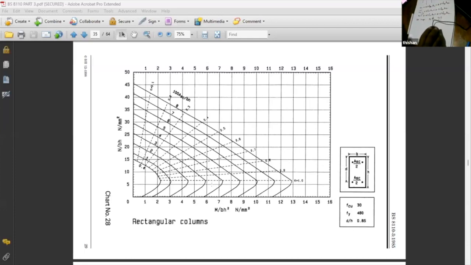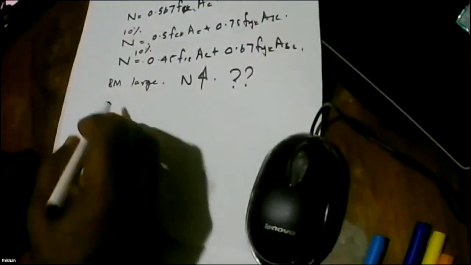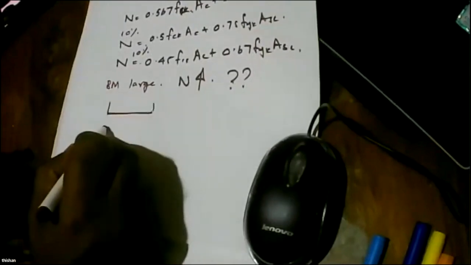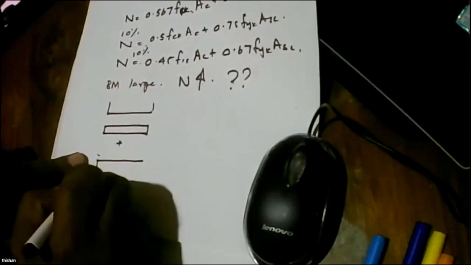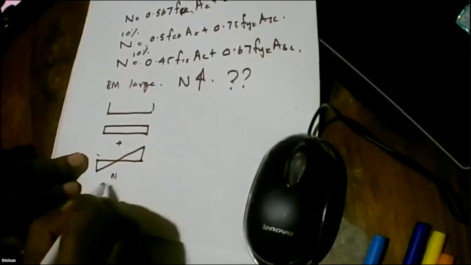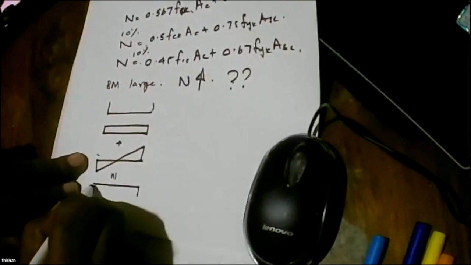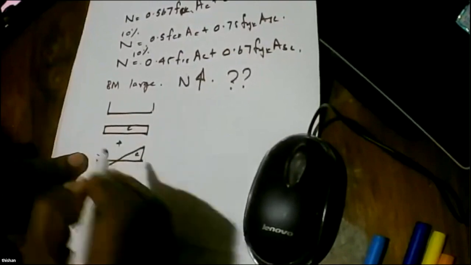Then the failure occurs due to what? So if you look at the situation in a column, we can have the column carrying some compression, and I'm deliberately drawing it with big moments like that. So the net result can be this compression, this tension.